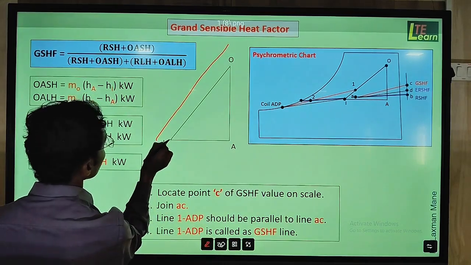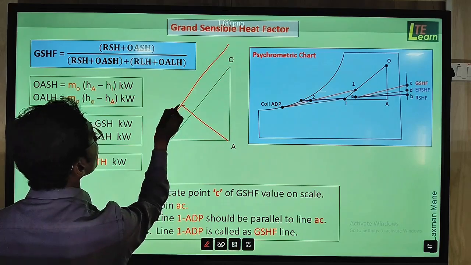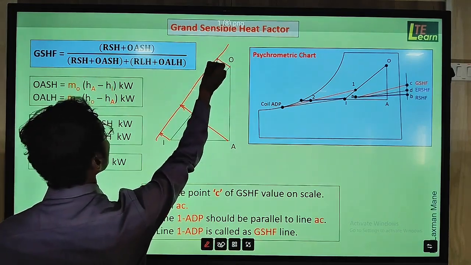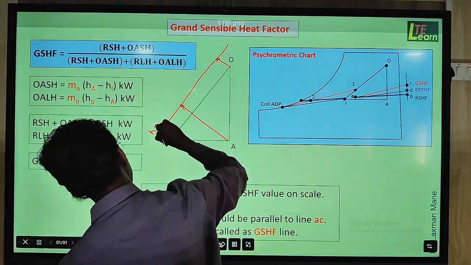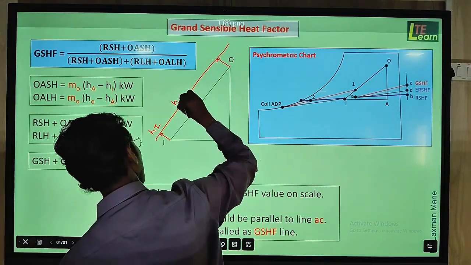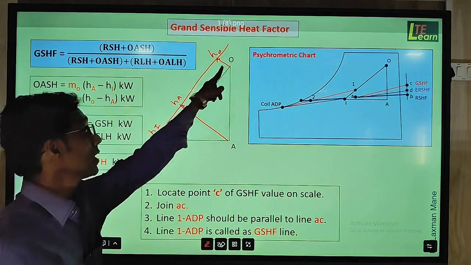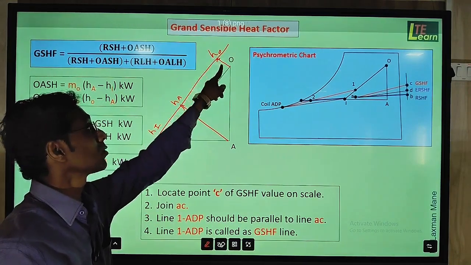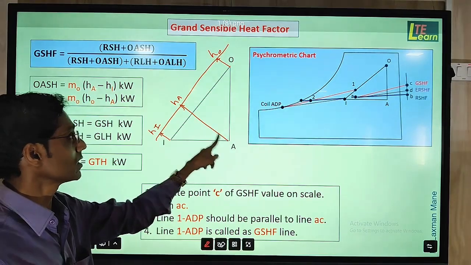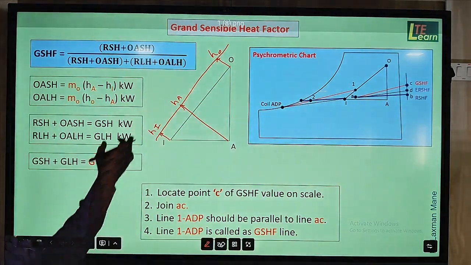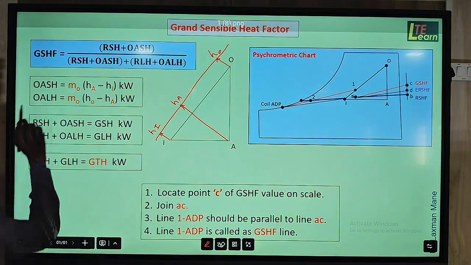On it we find the values HO, the enthalpy of outside air, HI, the enthalpy of room air, and HA, the enthalpy of this point. These enthalpies we use to calculate OASH and OALH.